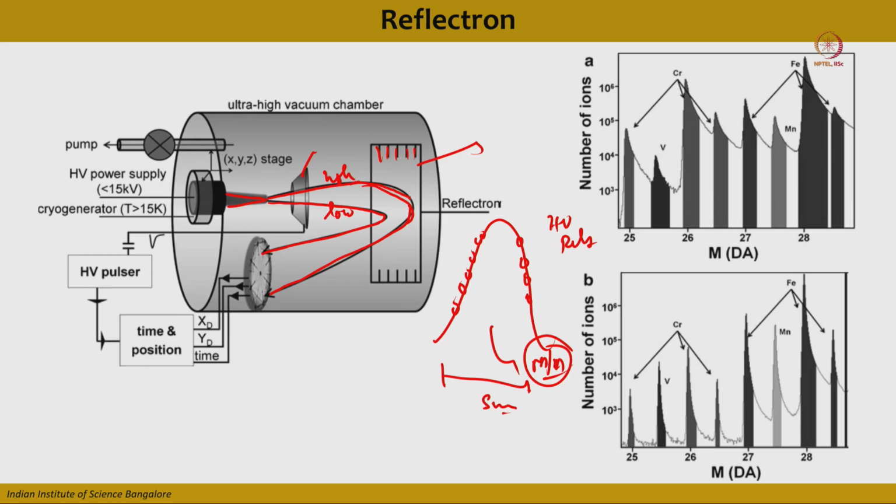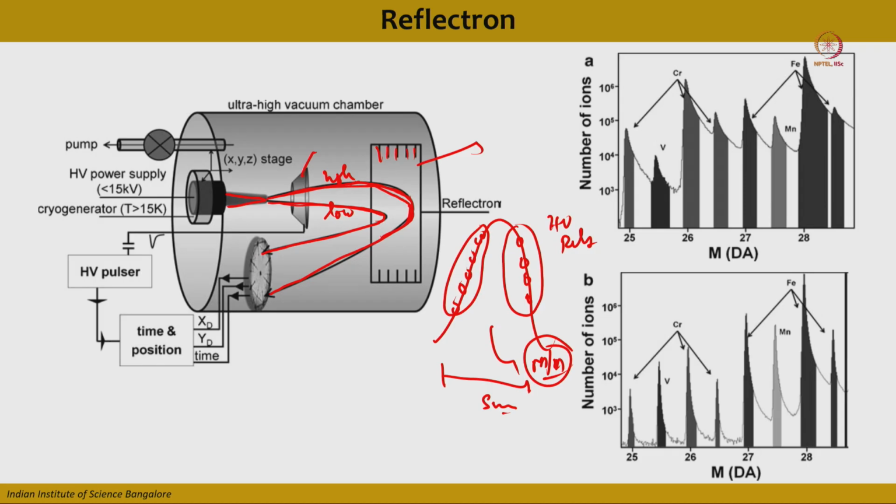Okay, so these ions and these ions will come to the detector at the same time of flight. The high energy ions will go farther than the low energy ions before deflection. Okay, so this is the reflectron.